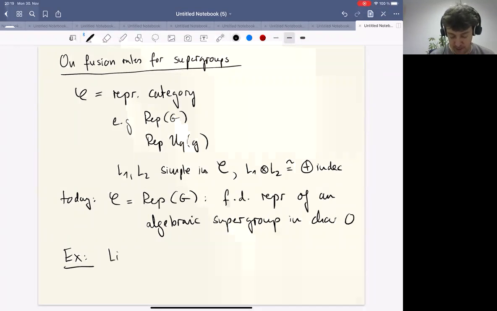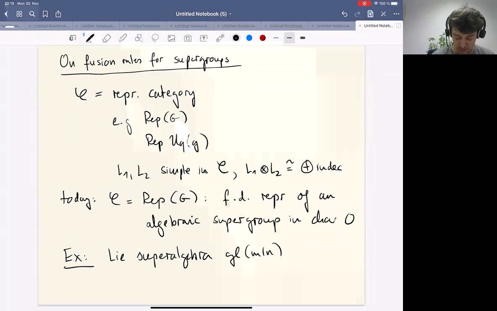For the sake of such a talk, it's easier to talk about Lie superalgebras than algebraic supergroups. The Lie superalgebra GL(M|N) is obtained as follows.